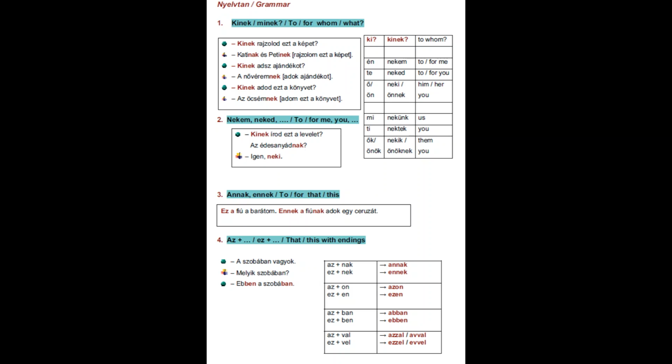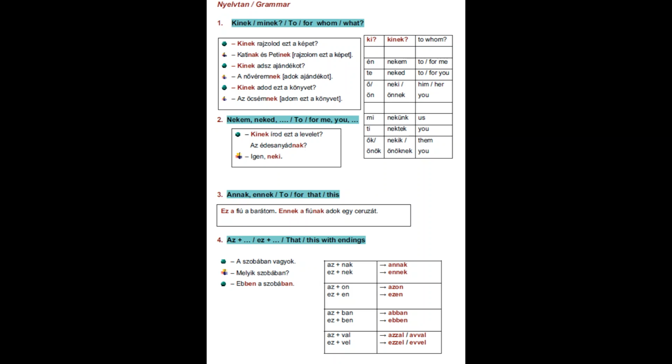Adod is both meaning you and also it, that you are giving it. Ezt, this. Könyvet is again, könyv is book, and this here book, that there book, right? So kinek adod ezt a könyvet? Who are you giving this book to?